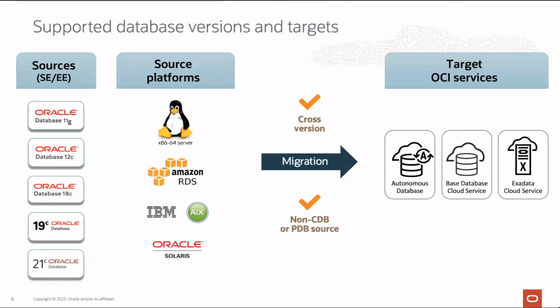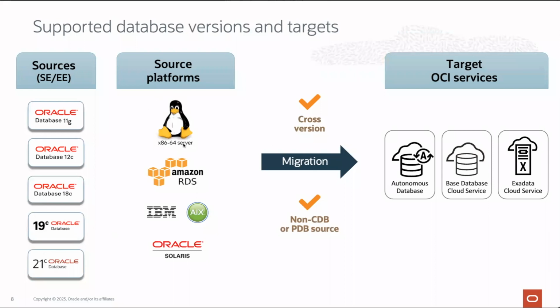Okay, now let's have a look at the supported sources and platforms for DMS. We support all databases starting from 11G upwards as source databases. So the minimal version we can have is 11.2.0.4, and this goes up to Oracle 21.